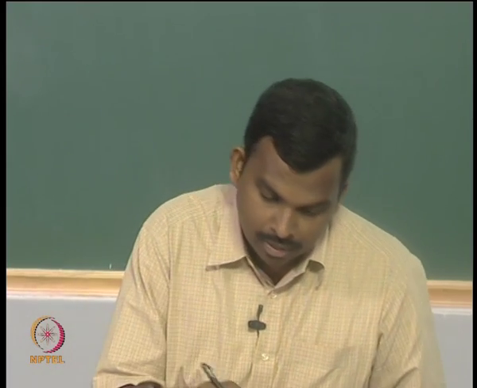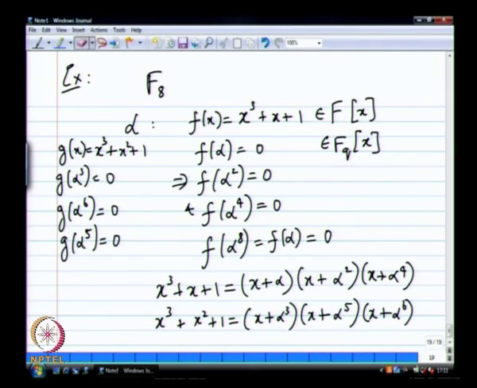If alpha is the root of a polynomial in F2[x], surely alpha squared and alpha power 4 are also roots of that same polynomial. So there is no way the minimal polynomial of alpha can have degree less than 3. It will have degree at least 3, and I have one polynomial here with degree equal to 3. So clearly this should be the minimal polynomial of alpha.